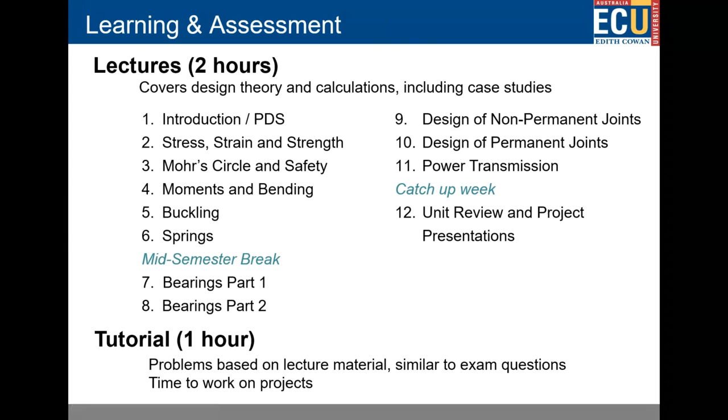Then there'll be design of non-permanent joints. So this is things like threaded fasteners and also looking at power screws. Then we'll look at permanent joints, things like welds and sizing welds for a certain structure, power transmissions, catch-up week, and then the last week will be a unit review and your project presentations.